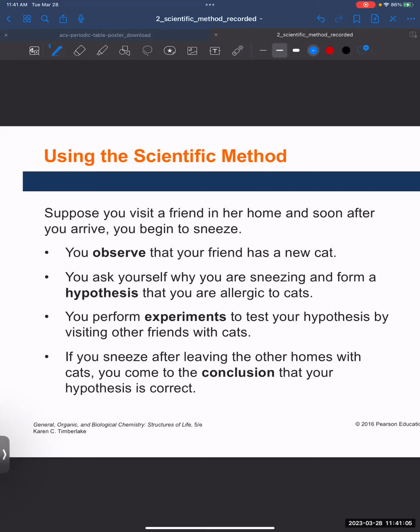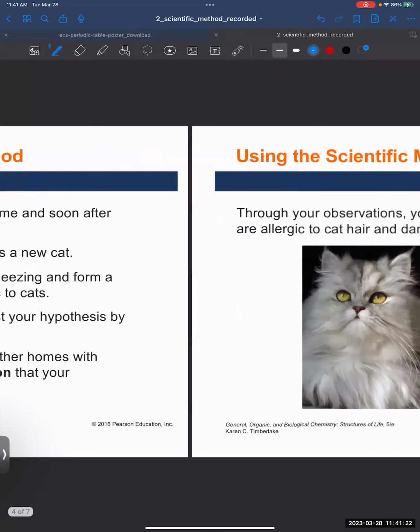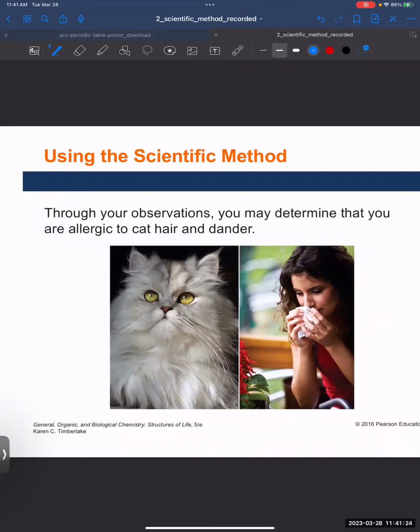Now, I love cats still, so I take allergy medicine so I can have cats, but it's just really interesting that the scientific method is not only in the laboratory, you're using the scientific method every day to solve problems around you. So coming back to the situation, it's through your observations, you may determine that you're allergic to cat hair and dander.